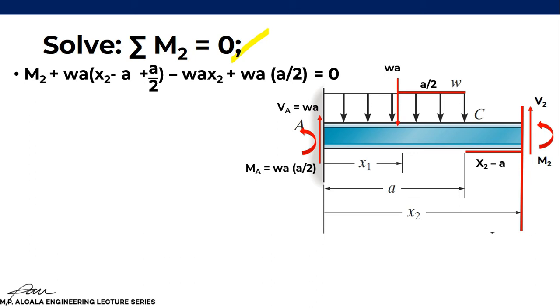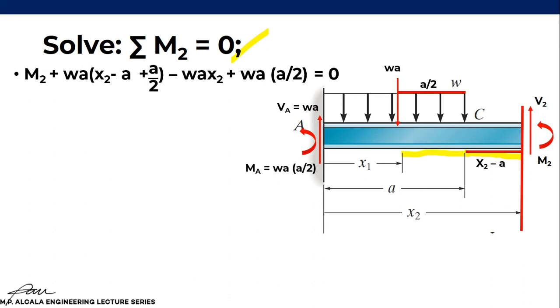this is what I was telling you a while ago. The moment arm is simply x2 minus A, this length, plus this length, A over 2. So that's x2 minus A plus A over 2. This whole length is your moment arm. And this yellow line is equivalent to A over 2.